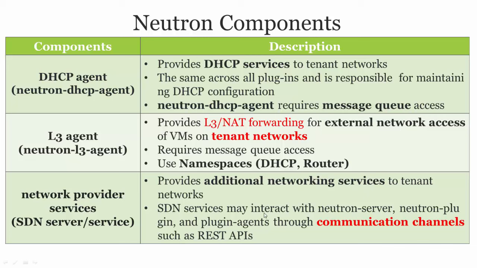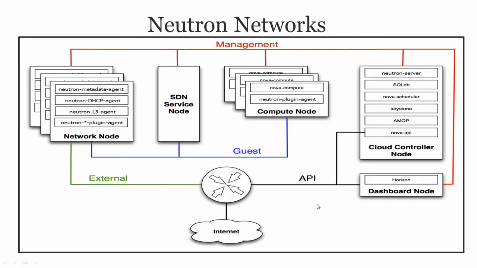SDN services may interact with the Neutron server, the Neutron plugin, and the plugin agent through communication channels such as REST API. So using this API, a communication channel will always be open between the tenant networks. So let's check the Neutron networks here.